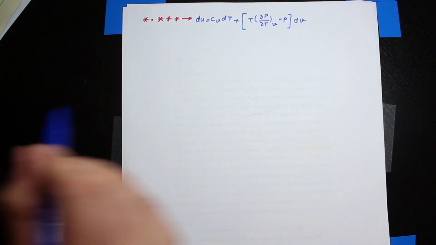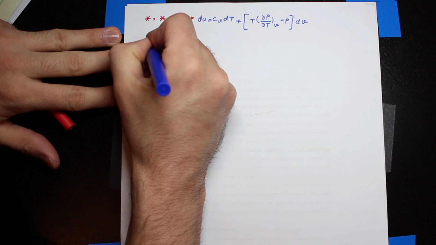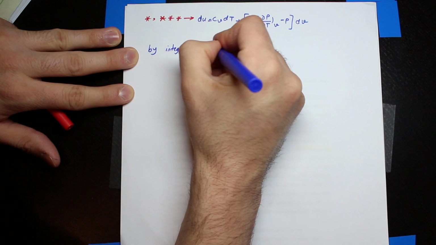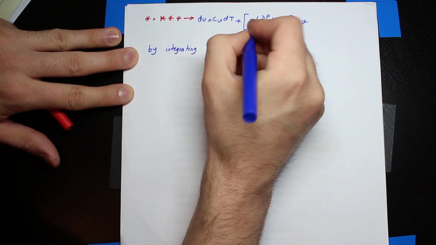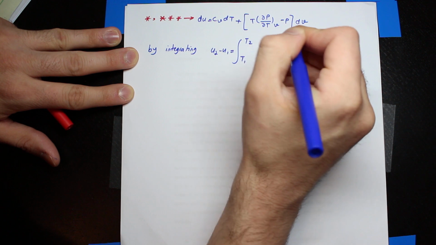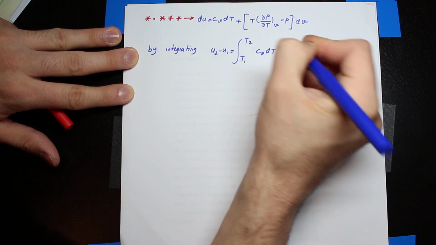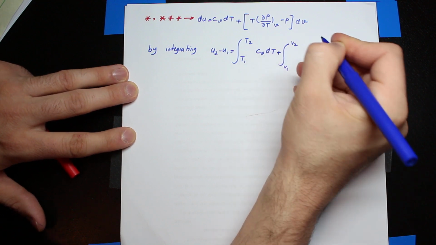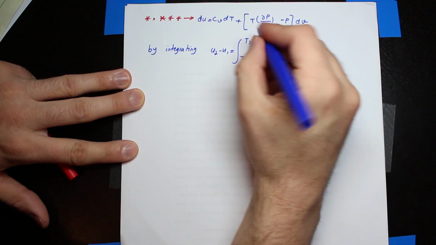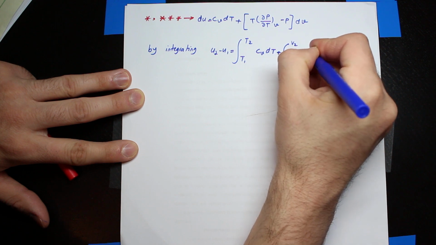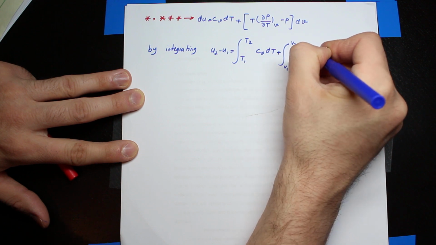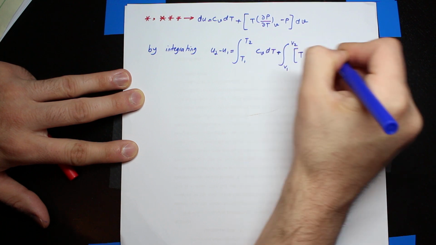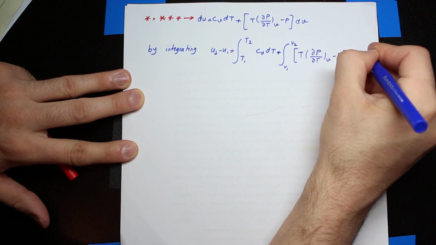So finally we have achieved our goal, because by integrating, this is what we will get: U2 minus U1 is equal to the integral from T1 to T2 of Cv dT, plus the integral from specific volume 1 to specific volume 2 of T partial P partial T for constant volume minus P, the whole thing as a bracket, multiplied by dV.